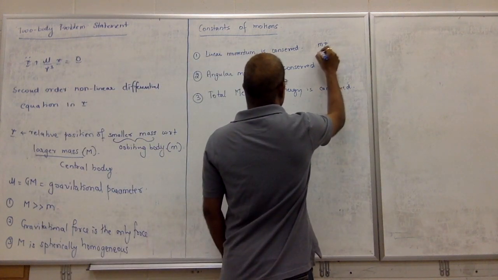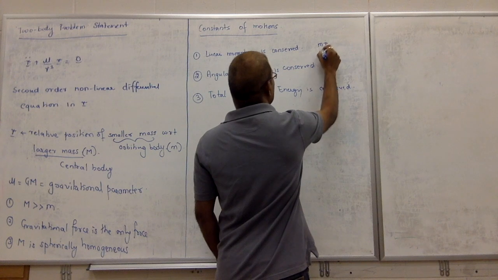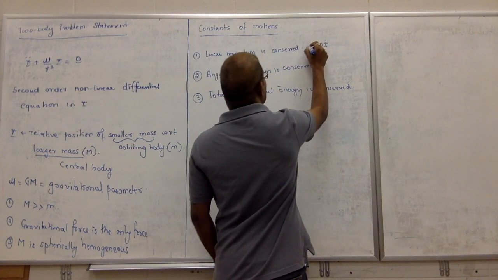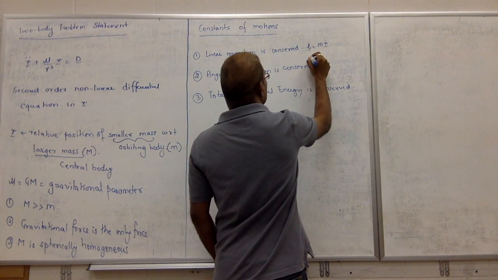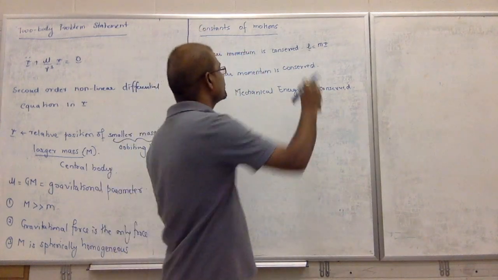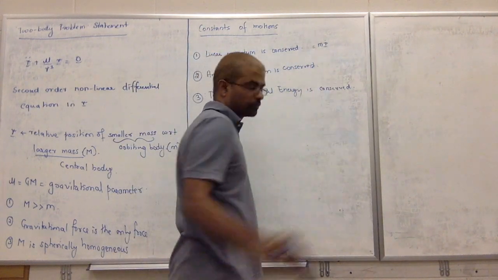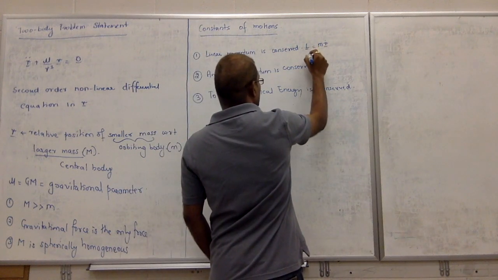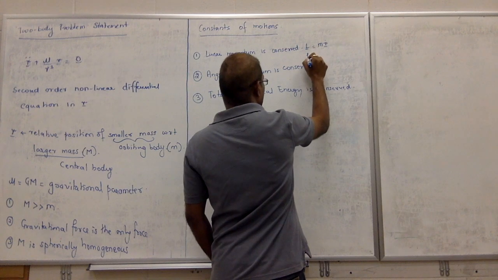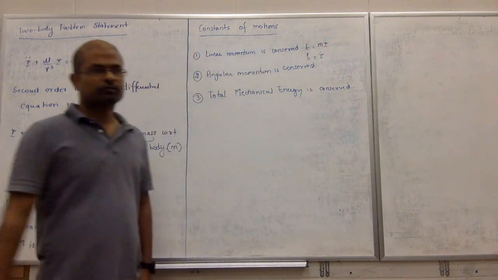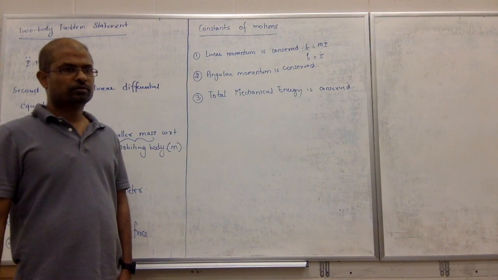What would r dot be if this is linear momentum? Okay, I'll just call this L. What is this L?